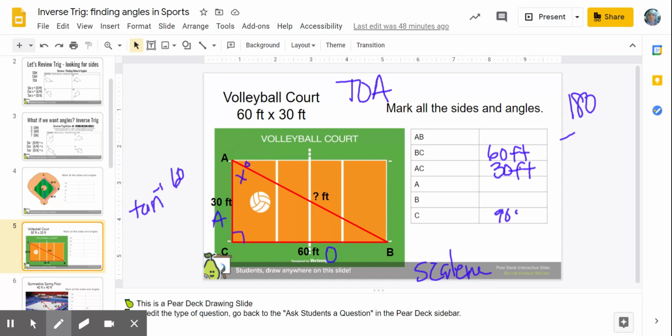So 60 over 30. What is the inverse tangent of 60 over 30? What is it? 63.4 degrees. So angle A is 63.4 degrees. Now, how can I find angle B?